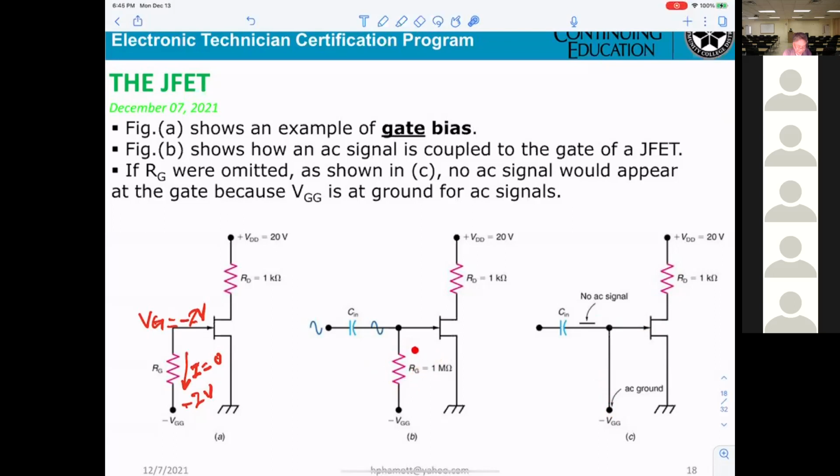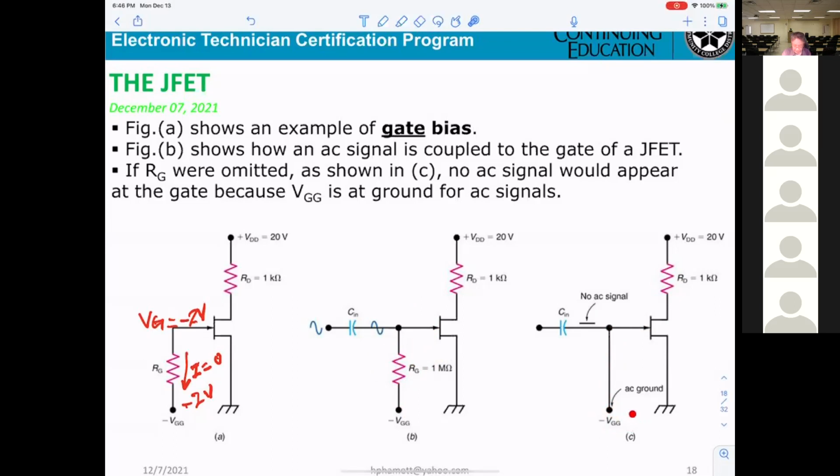If you have the resistor here, that means you still get the signal here. It will not be shorted to the ground. That's why you need RG. You can see they draw here. Without RG, you short the gate to the ground.